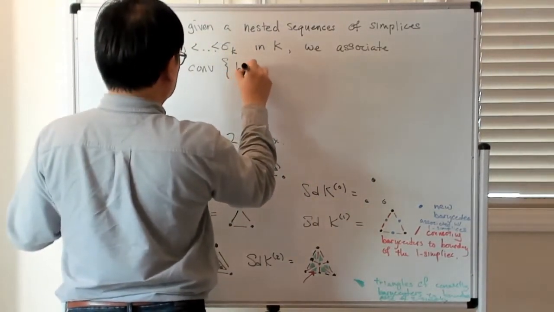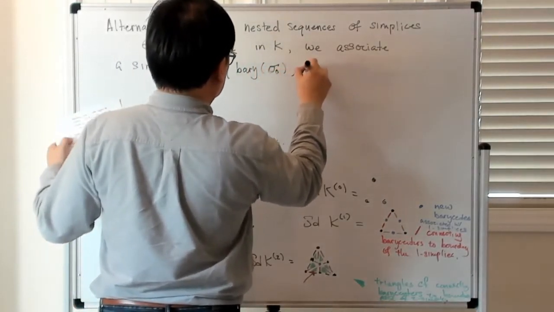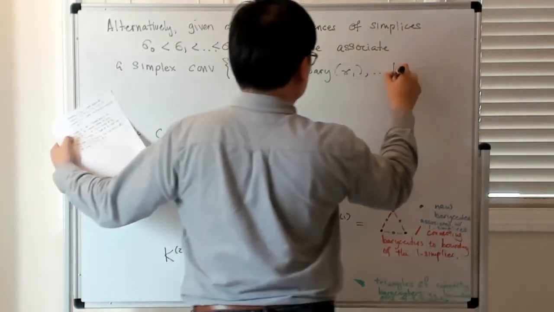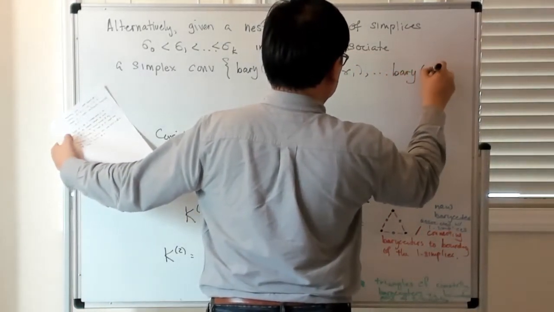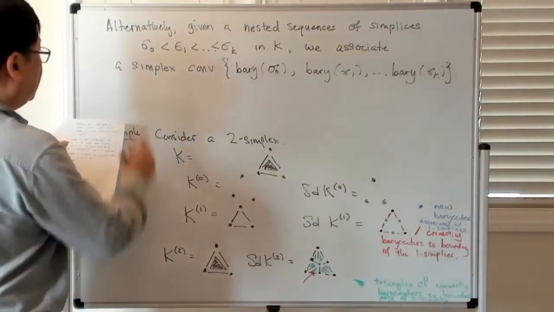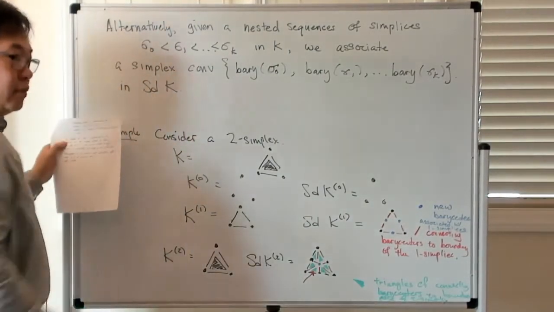So Bary sigma 0, Bary sigma 1, all the way up to Bary sigma k. And then this will be in the barycentric subdivision of the complex K.